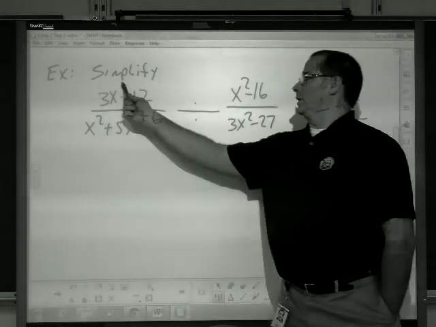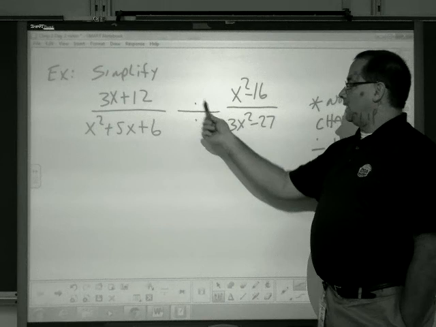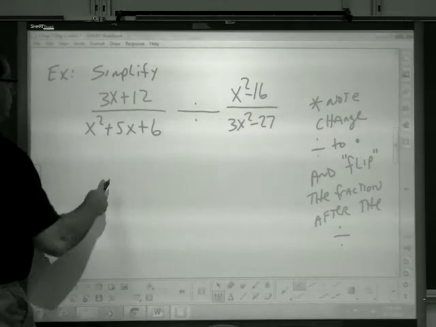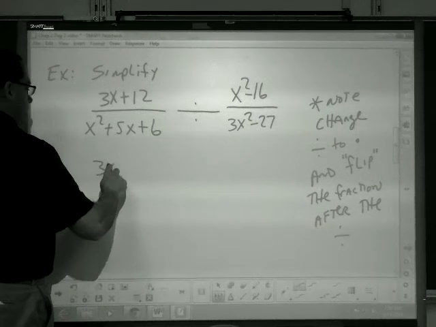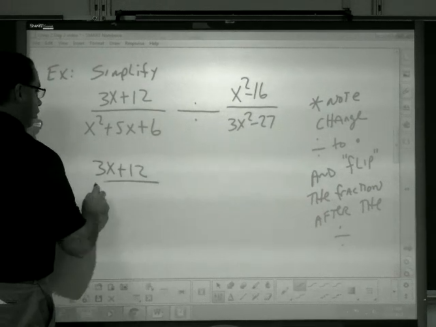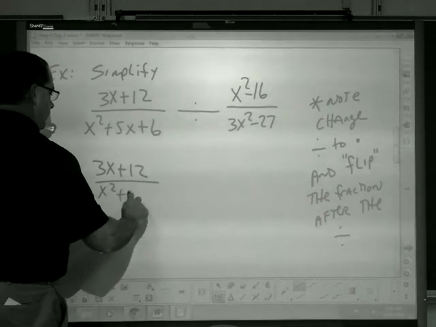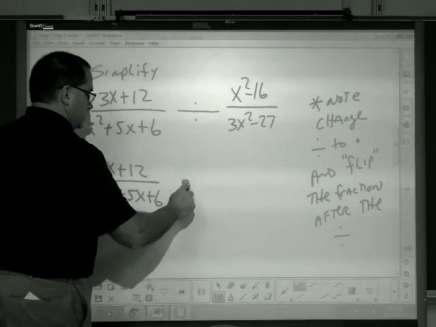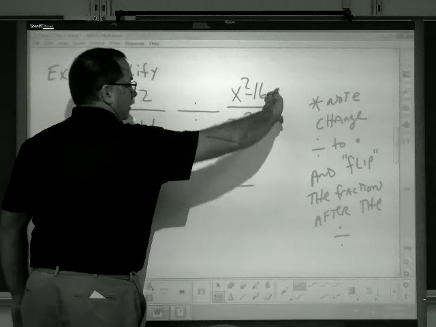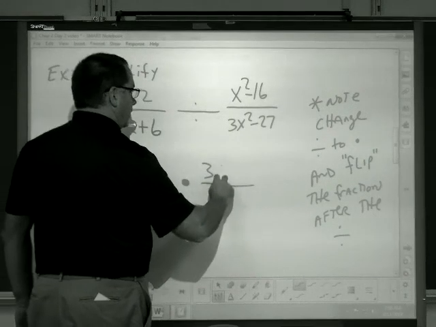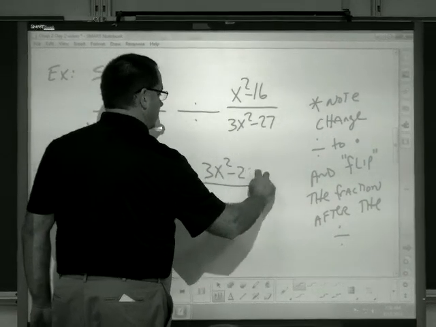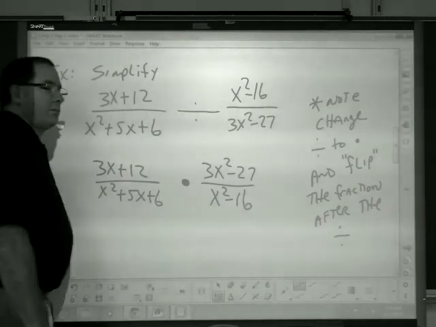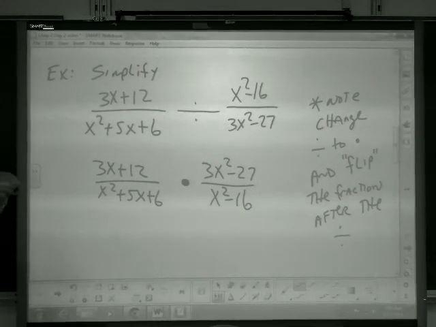I think some people call it keep, change, flip. All right, keep 3x plus 12 over x squared plus 5x plus 6. Change to times, flip. What's on top now becomes the bottom. So 3x squared minus 27 goes to the top. x squared minus 16 goes to the bottom. Hopefully you remember that from Algebra 1. Keep, change, flip.